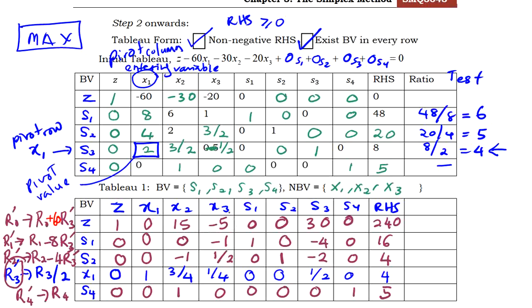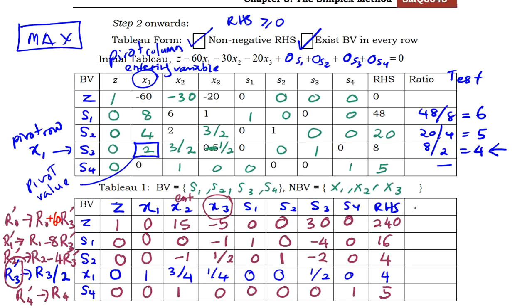We need to choose the most negative coefficient, so x3 is the entering variable. So it means that this tableau is not optimal yet because it still has a negative coefficient at row 0. Okay, so x3 will become an entering variable.